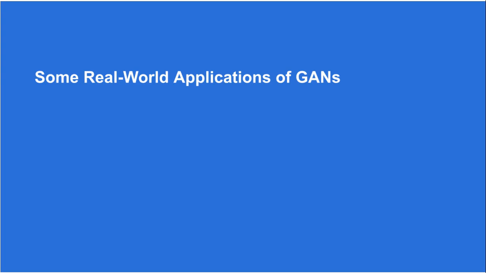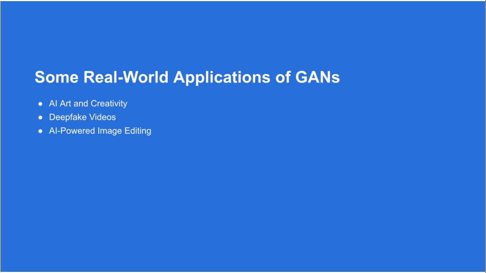GANs have revolutionized AI and are now used in many real-world applications, including: 1. AI art and creativity. GANs generate photorealistic paintings, digital artwork, and AI-assisted creative designs. 2. Deepfake videos. AI can swap faces in videos, creating realistic but entirely fake footage. 3. AI-powered image editing.